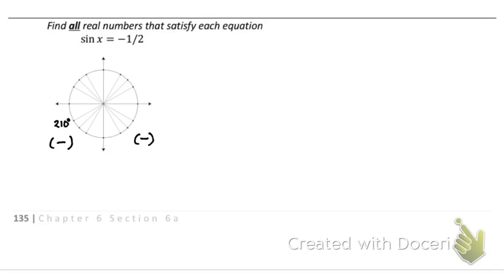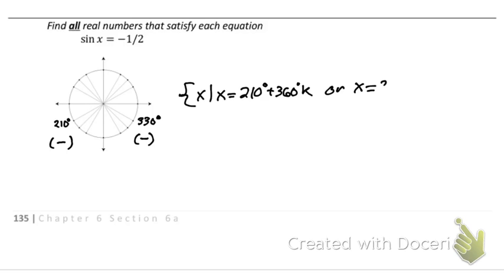And where else? 330, yes. Perfect. So we could say, with set builder notation, that's going to be x such that x equals 210 degrees plus 360 times k, or 330, yeah, I should have x equals.